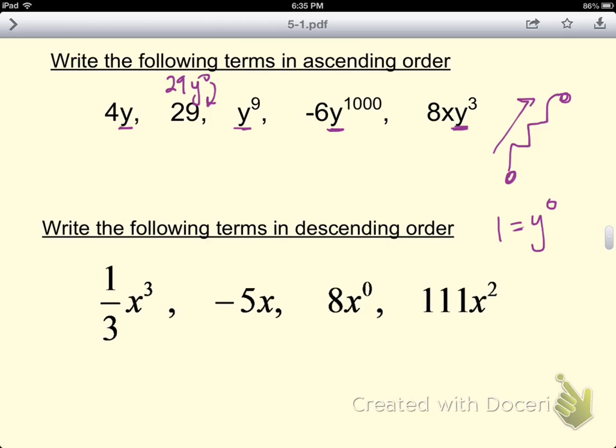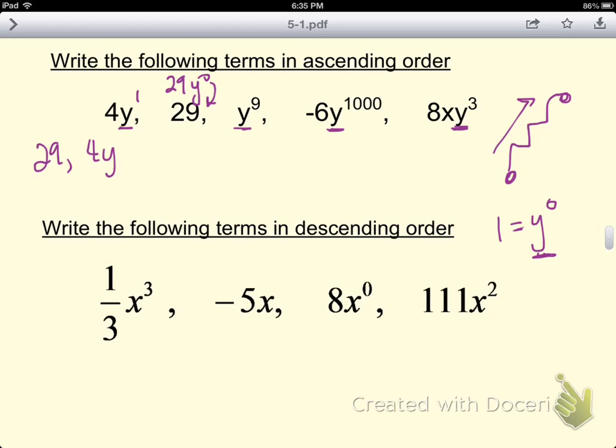So a way of multiplying something by an equivalent expression is rewriting it with little tricks like that, right? So the smallest exponent I see is 0, so I'm going to write 29. And then I'm going to write 4y.